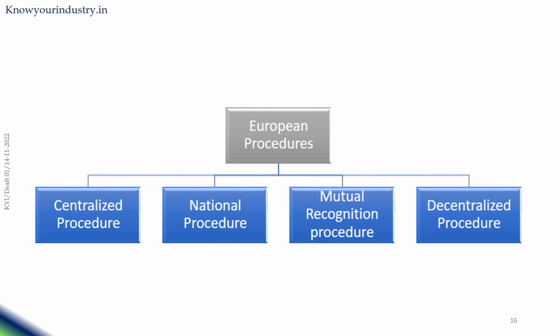The centralized procedure is one which allows applicants to obtain a marketing authorization that is valid throughout the European Union. And centralized process is compulsory for those medicines which are derived from any biotechnology processes, such as genetic engineering, and it is compulsory for those medicines which are intended for the treatment of cancer, HIV or AIDS, diabetes, neurodegenerative disorders or autoimmune diseases, and other immune dysfunctions.